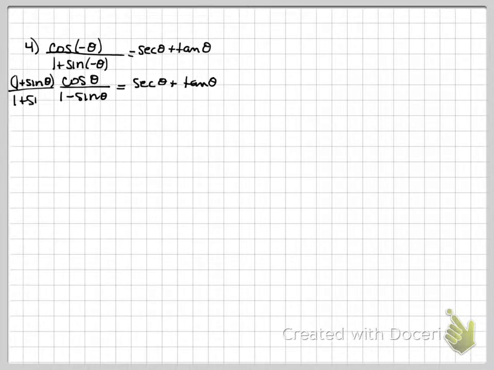And what that's going to give me is in my numerator, I'm going to have the cosine of theta times 1 plus sine theta, and I'm not going to distribute yet, over 1 plus sine theta times 1 minus sine theta, so that's 1 minus sine squared theta, equals that secant theta plus tangent theta.